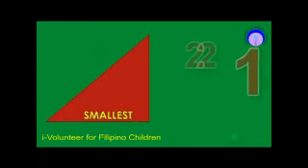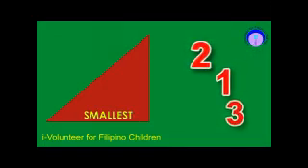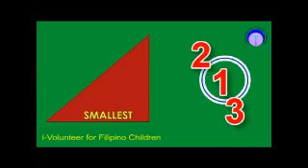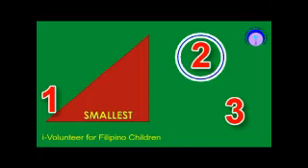What about if I have digits 2, 1, and 3? What is the smallest number that I can form? What is the smallest digit? Yes, that is 1. Digit 1 must be placed at the bottom. Our next digit that we are going to arrange is the second smallest digit. Ano ang second smallest digit? Yes, 2.